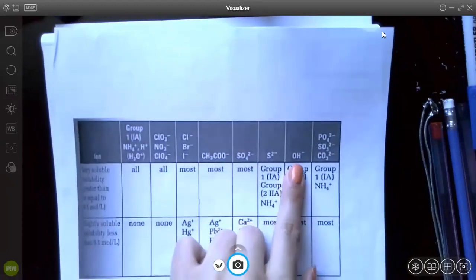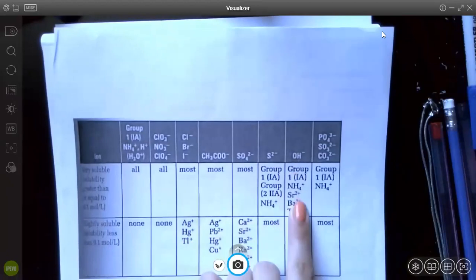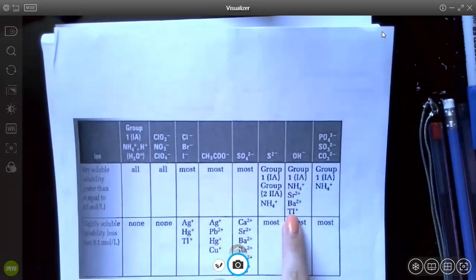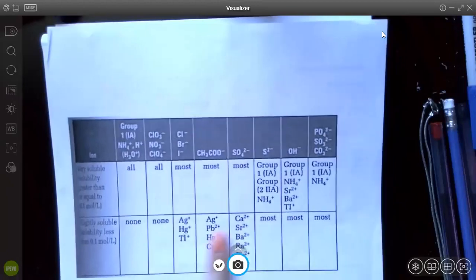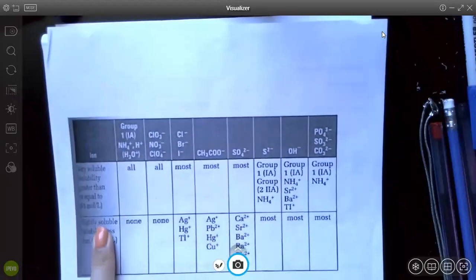So hydroxide is right here. Then I would look and see, is calcium listed? And obviously calcium is not any of these. Calcium is also a group 2 element, so it's not included in this group 1 here. It is a group 2 element, and therefore it falls into this category down here. Calcium hydroxide is therefore only slightly soluble.